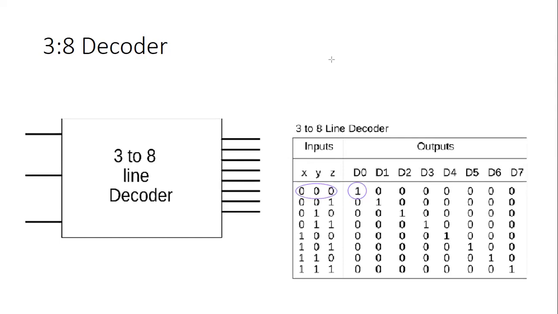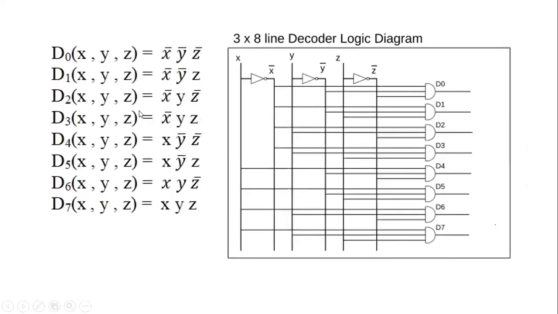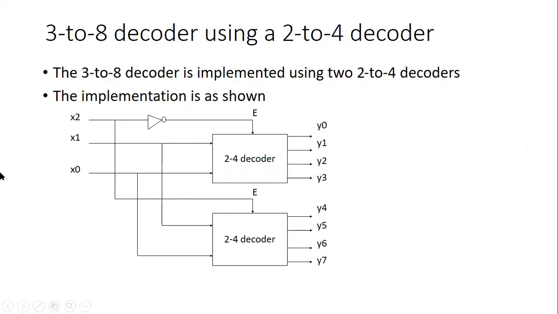Similarly, you can write the expressions for D1, D2, D3, D4, D5, D6, D7. All these things can be written, and we will get the Boolean expressions we have got over here. And the logic diagram is drawn for this particular Boolean expression. Now 3:8 using 2:4 we will see.